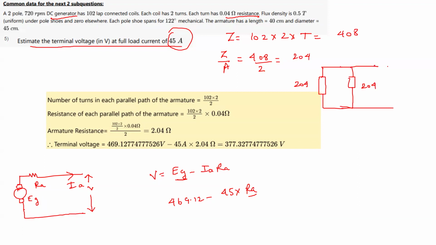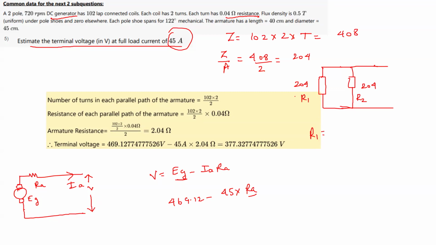So this is the situation. Now what we have to find is the resistances of these two, R1 and R2. So what is R1, and how can we find it out?